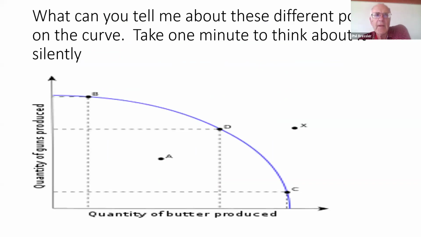All right. If you're looking at this, take a minute and tell me what you could tell me about A, B, C, and D, and X. Don't type anything in yet. Just take a minute to think about it.